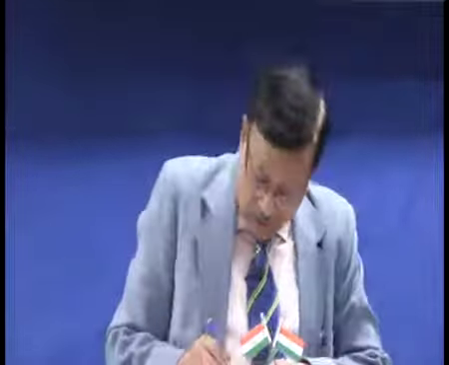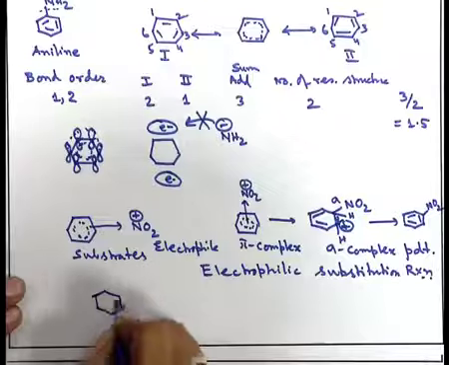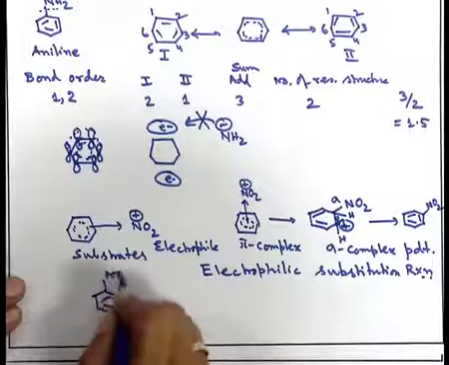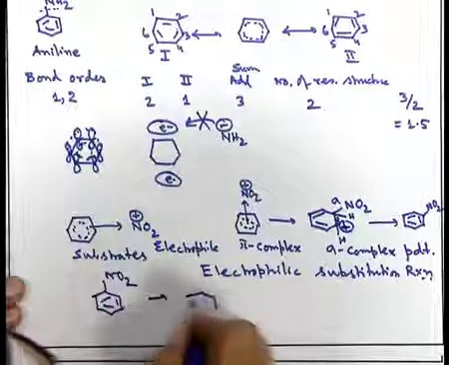So, what we are doing? We are putting in a nitro group, and after the nitro group is introduced, we can see that the substitution reaction has taken place. And if I ask you, how can you convert this nitrobenzene to aniline?